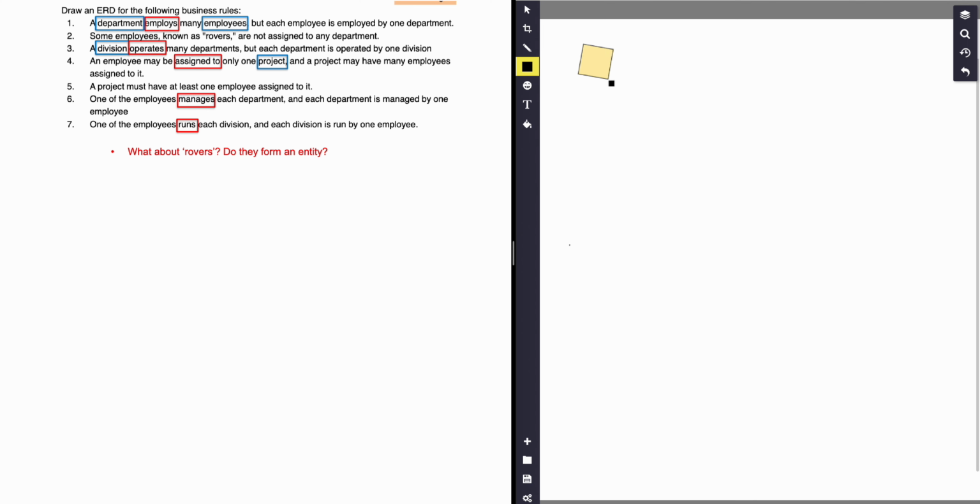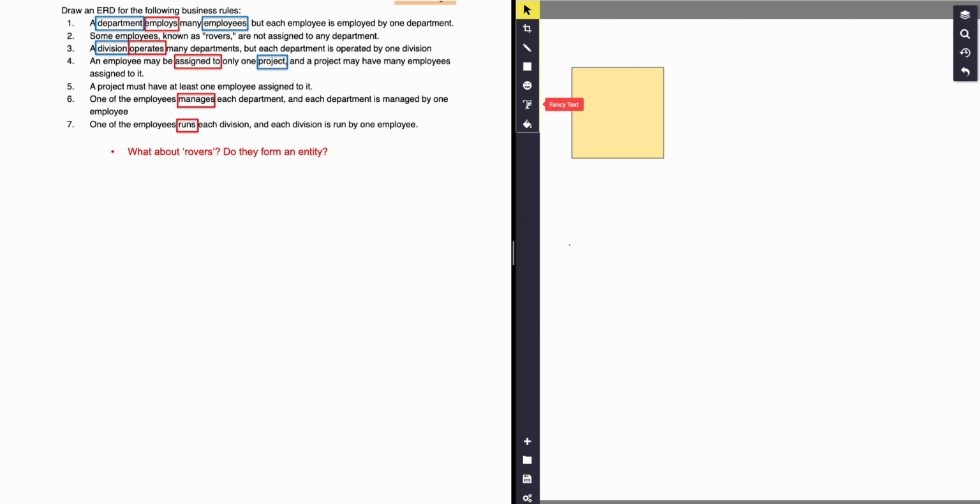All right, so let's go through it. We'll draw up our entities. Normally when I'm reading these, I go through quickly and look at the entities straight away and put them in before I worry about any sort of connections. So let's have a look.